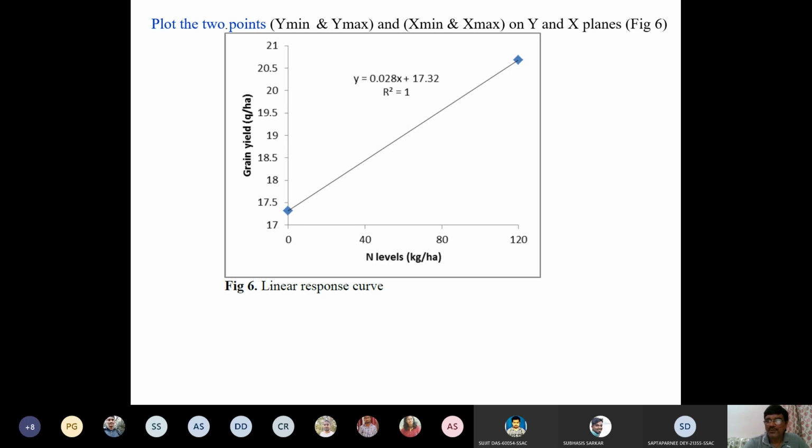Just join these 2 points, and you will get the regression equation plotted. It is a habit or convention to write the equation on the line. So you can write the equation y is equal to 0.028x plus 17.32. On y-axis, you have grain yield, N levels, and this is a linear response curve.